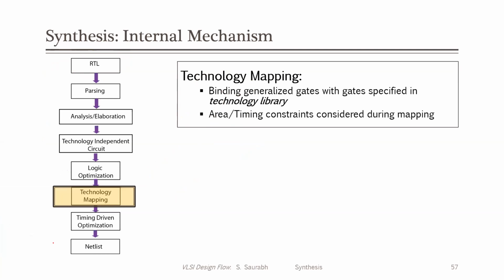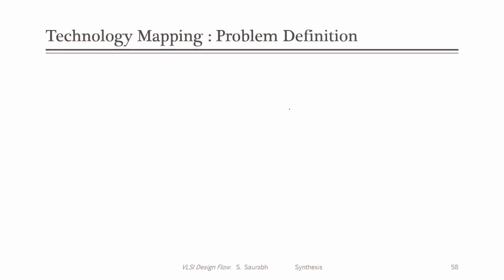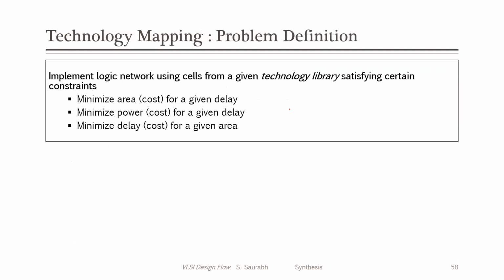So what is done in technology mapping is that we bind generalized gates with gates specified in the technology library, and area and timing constraints are considered during mapping. Let me give you an example of what problems are solved in technology mapping. In technology mapping, it can do area minimization for a given delay, or it can minimize power for a given delay, or it can minimize the delay for a given area.